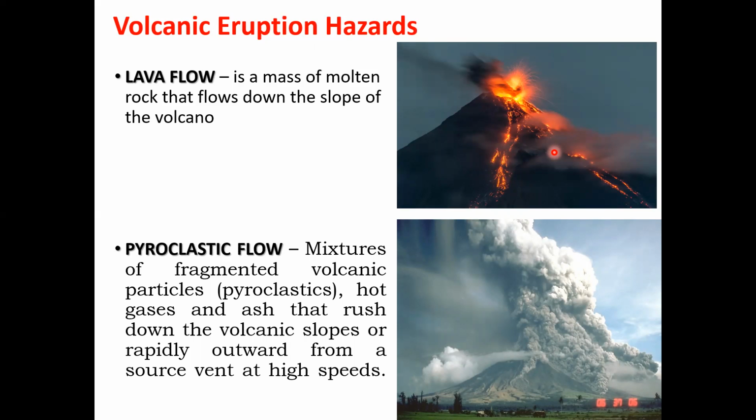Explosive eruption could be dangerous and deadly aside from effusive eruption, simply because pyroclastic flow consists of not just rocks, not just small fragments of rocks, but of course hot gases and ashes that, once we inhale, could be dangerous to our respiratory system.